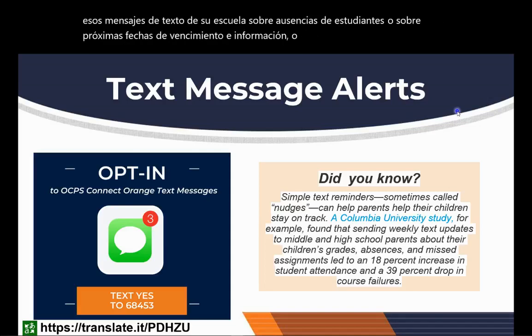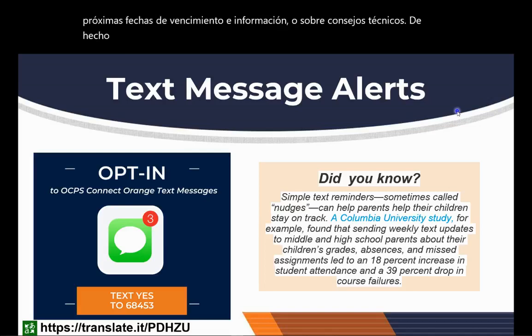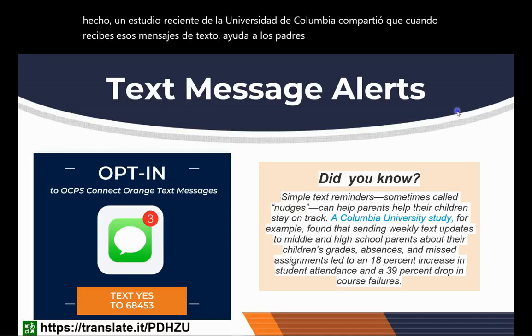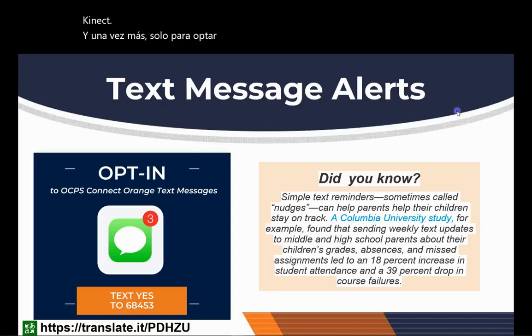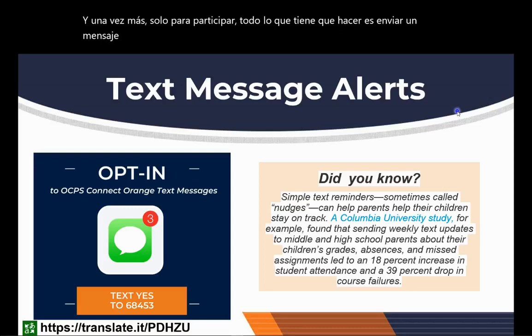In fact, a recent Columbia University study shared that when you do get those text messages, it helps parents support their students in attending class more often and being more successful. So we want all of our parents to be able to opt in to those Connect Orange text messages. And once again, just to opt in, all you have to do is text yes to 68453.